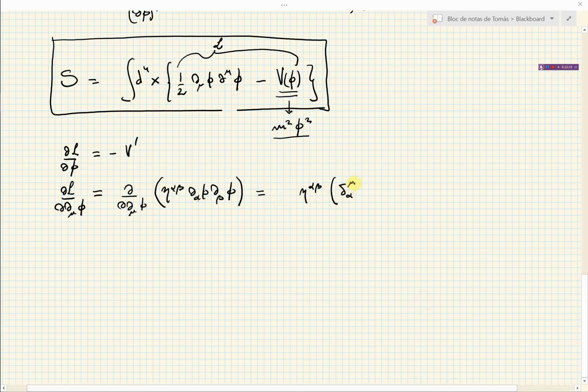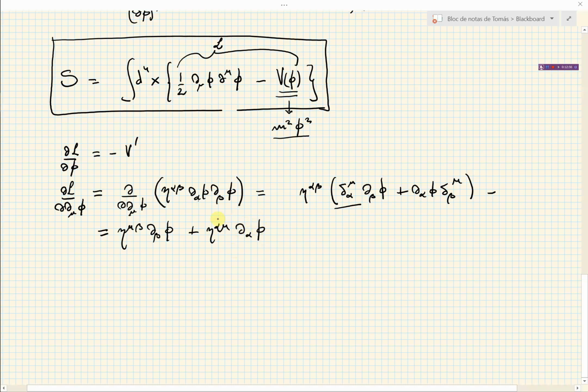So I have delta alpha mu, and this one I don't differentiate, and then I have partial alpha phi, and similarly I have delta beta mu. Now in the first term, when I multiply by eta, I get eta with alpha replaced by mu, beta partial beta phi, and in the second term I get beta replaced by mu, so it is eta alpha mu partial alpha phi.